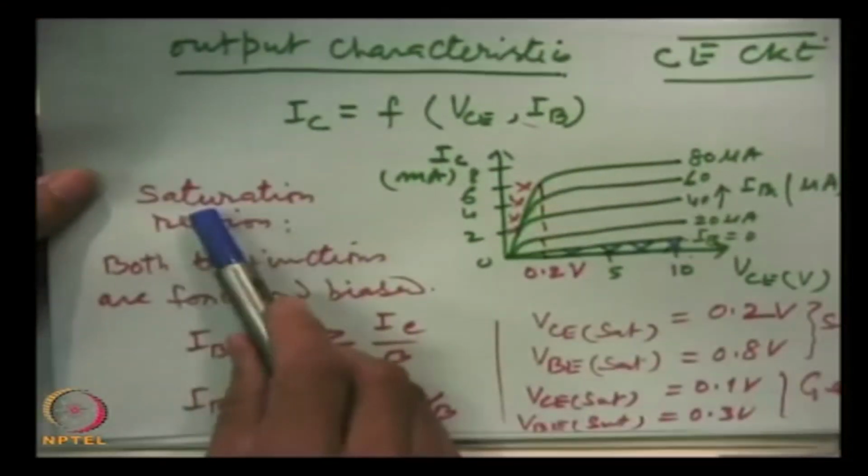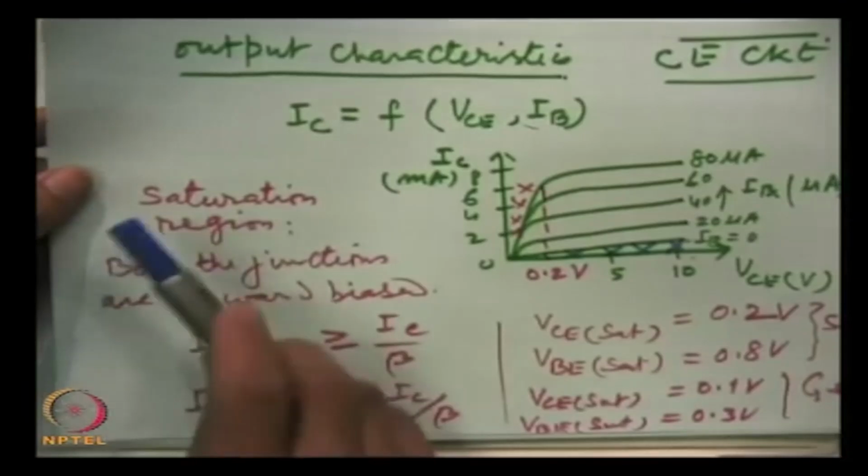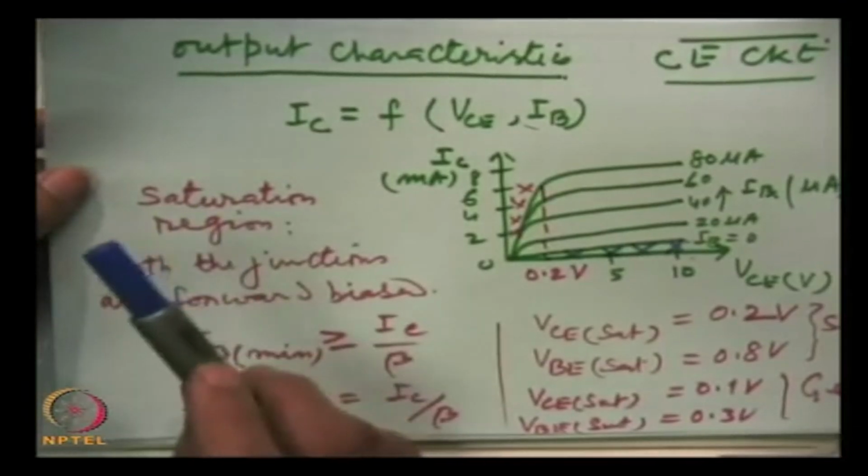These two regions, the cutoff and the saturation region, are useful and are used in digital circuits when the transistor acts as a switch. We will continue with the third section of it, that is what is called the active region, and we will continue.